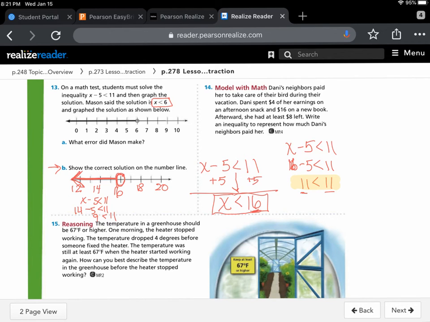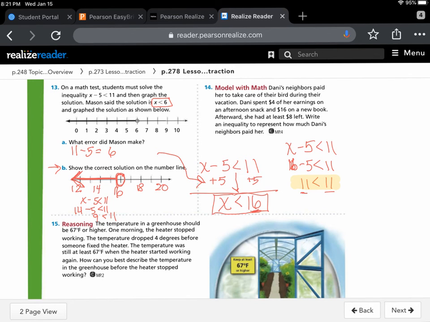So now going back to what Mason had, how in the world did Mason get 6? Well, if you look back at the inequality, our first step here was to add 5. What if we would have subtracted 5 from 11? If we would have subtracted 11 minus 5, we would have had 6 and not 16. And that's probably where Mason made his mistake.